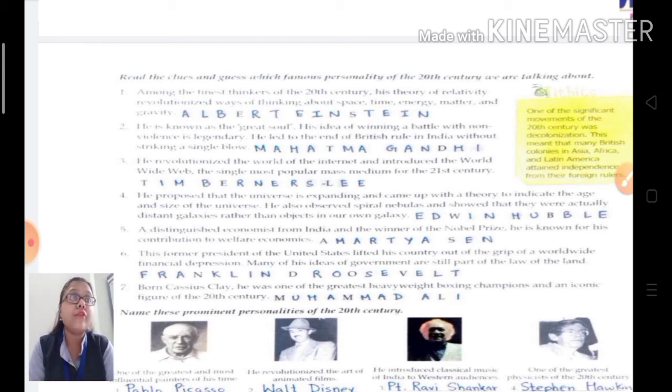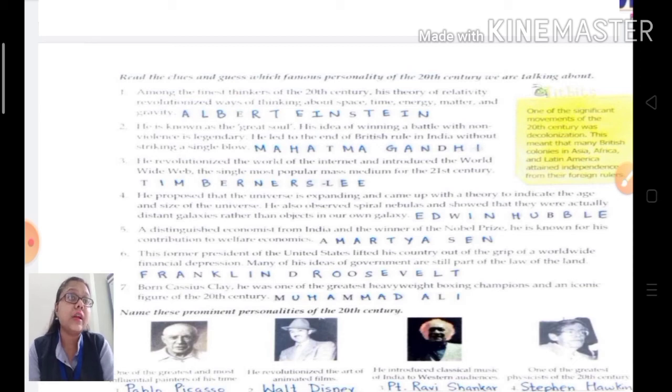नाउ नेक्स्ट, नंबर 6, दिस फॉर्मर प्रेसिडेंट ऑफ द यूनाइटेड स्टेट्स लिफ्टेड हिज कंट्री आउट ऑफ द ग्रिप ऑफ अ वर्ल्ड वाइड फाइनेंशियल डिप्रेशन. सो ये पहले के जो प्रेसिडेंट है यूनाइटेड स्टेट के, लिफ्टेड हिज कंट्री आउट ऑफ द ग्रिप ऑफ वर्ल्ड वाइड फाइनेंशियल डिप्रेशन. एक फाइनेंशियल डिप्रेशन से आया था, सो कौन से प्रेसिडेंट ने, फॉर्मर प्रेसिडेंट ने वहाँ से निकाला.